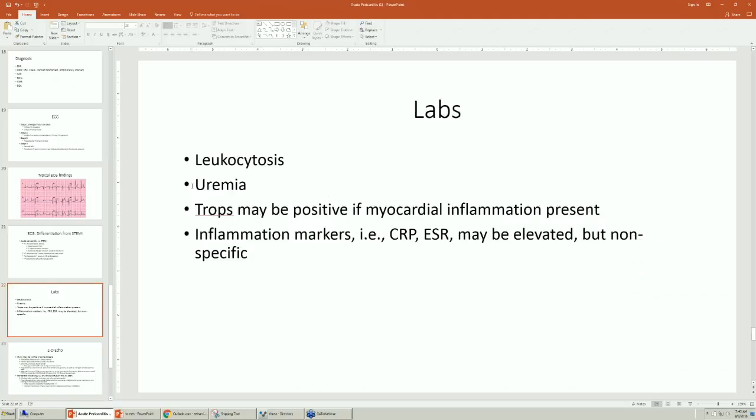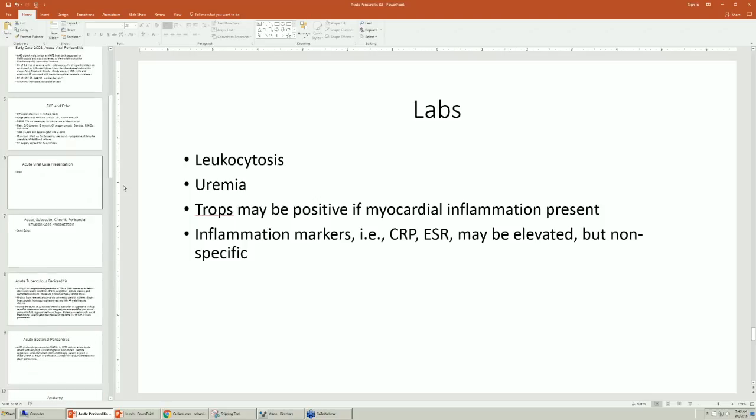And so the lab: troponins are usually not positive. B-type natriuretic peptide is minimally elevated. Of course, there's uremia if it's a kidney patient. Leukocytosis, in the patient we presented, there was a white count of 11,000. Inflammatory markers, well, not much.